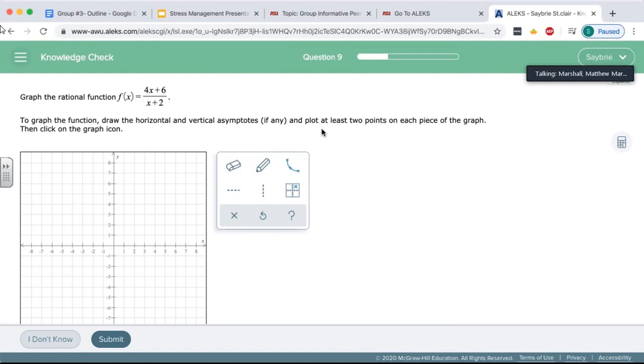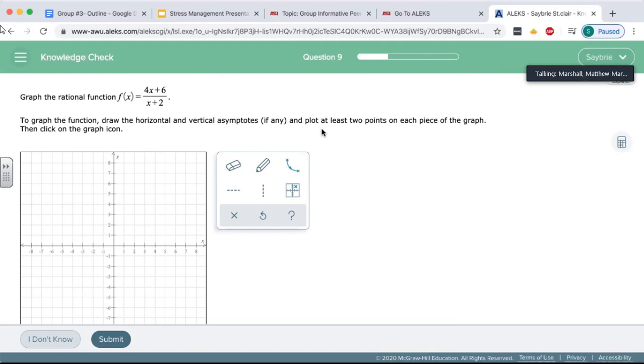Alright, so it looks like vertical, horizontal, asymptote. So it looks like you have a vertical asymptote at -2.